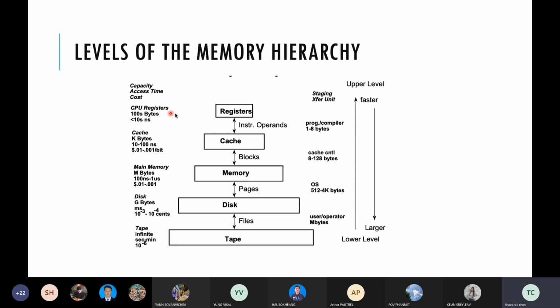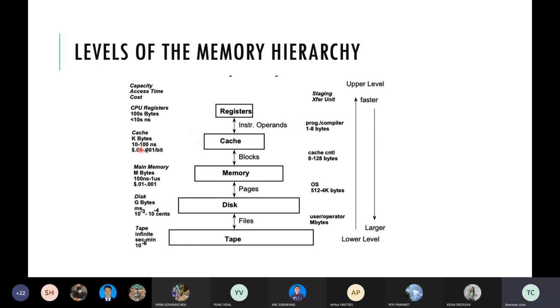The register is located inside the processor, and its average size is something like 100 bytes at most. It is very small, and the speed is quite fast, less than 10 nanoseconds.